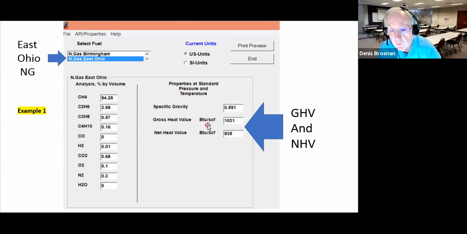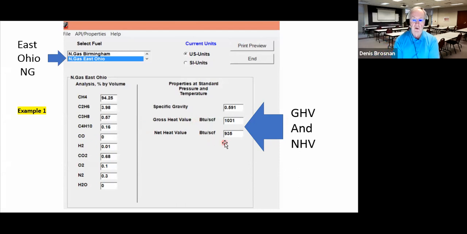Notice that we have gross heating values of 1,031 BTUs per standard cubic foot. If you want to see the definition of standard cubic foot, you can go into the nomenclature app. So the gross heating value is 1,031, but the net heating value down here is only 935.